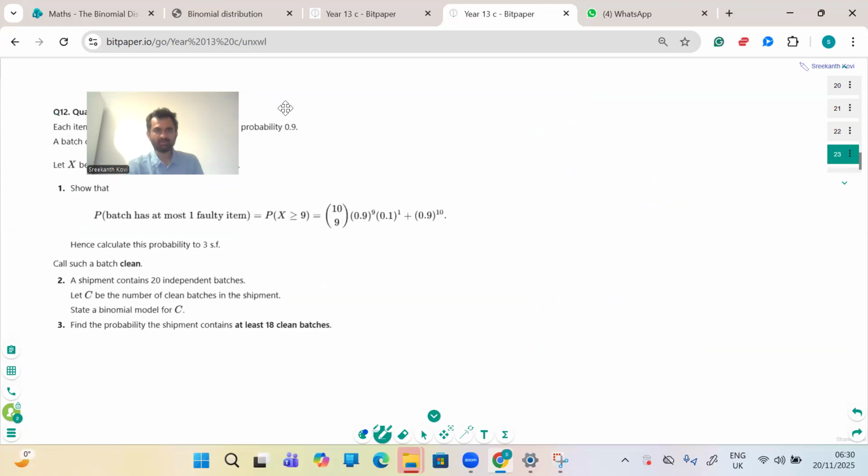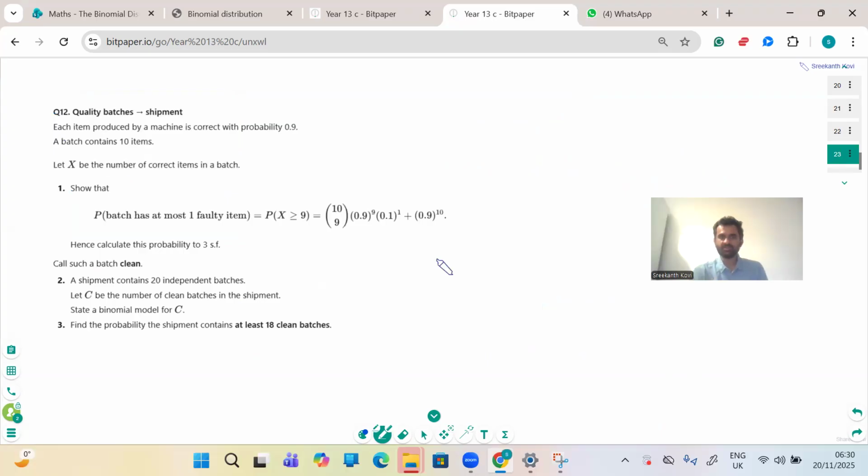And for example here, I'll quickly pause this video and try to solve this. If you see the first probability, X is the number of correct items in one batch. They said that to call a batch clean, out of 10 items, at least 9 items should be clean.